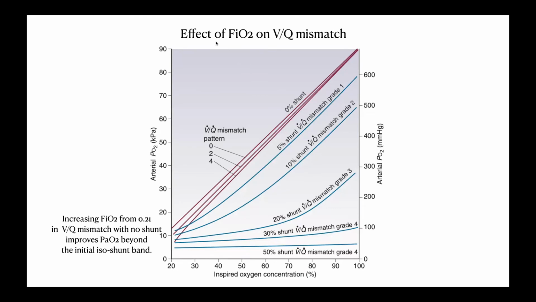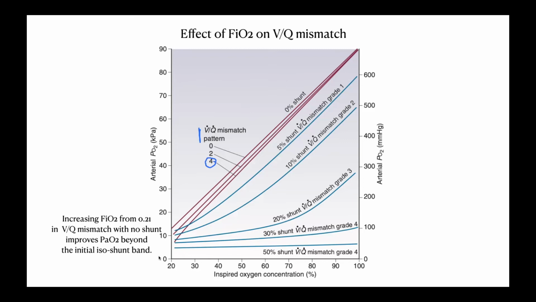Now, this is the effect of FiO2 on VQ mismatch. And what this diagram is showing is that increasing FiO2 from a fraction inspired of 0.21, all right, so VQ mismatch with no shunt will improve the partial pressure of oxygen beyond the initial IsoShunt band. And what that means is, let's say you've got a VQ mismatch which is quite severe, which is what we call grade 4.